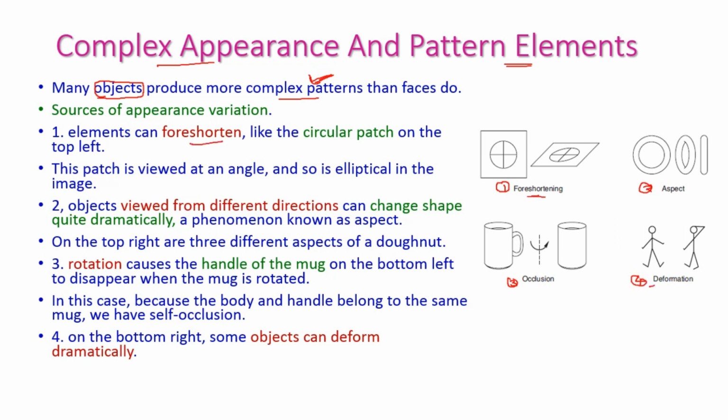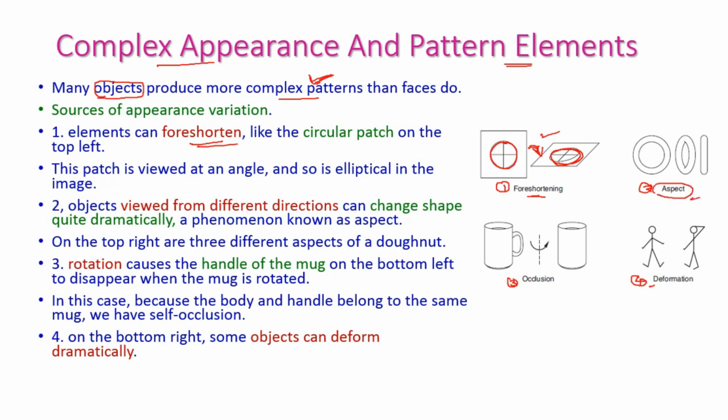Foreshortening means the same object may be seen from a different direction, then the shape will change. That is, the circle will be viewed as an ellipse if we see the circle from a different angle. The second one is aspect.